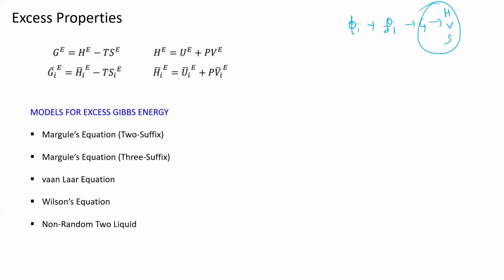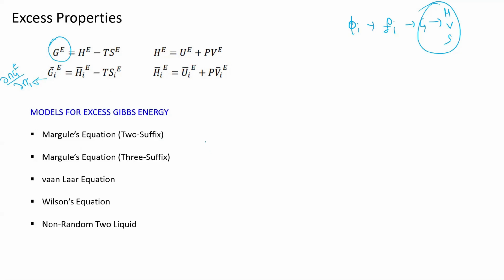Now, to find this GE, GI bar can be found as dou NGE by dou NI. This is GI bar.